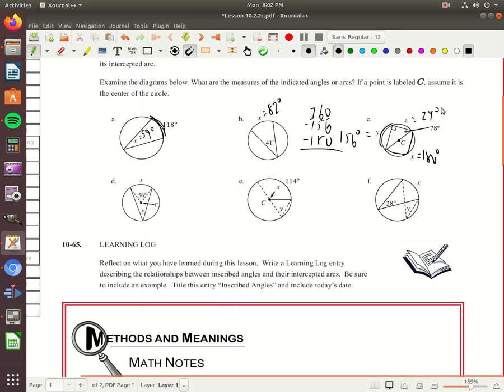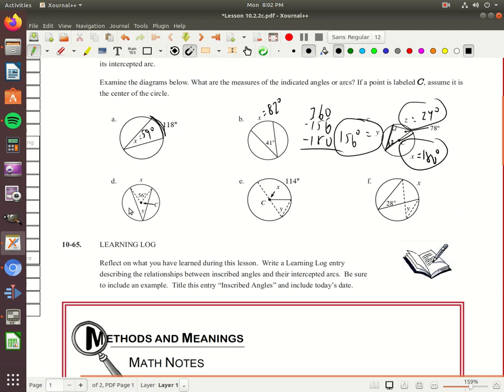The other thing I can do is this. Let's ignore the arc and instead focus on this triangle. This is a right triangle. So I know that these two angles have to add up to 90 degrees, right? Because 90 plus 90 is 180. So this would be 12. And if this inscribed angle is 12, then the intercepted arc is doubled and equals 24. So that's how we can solve for x, y, and z in this problem.